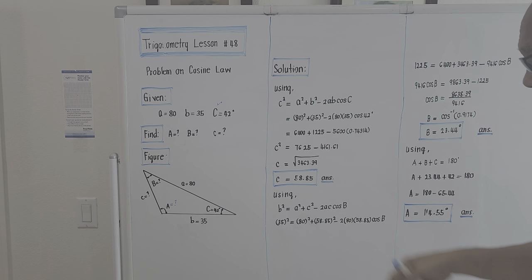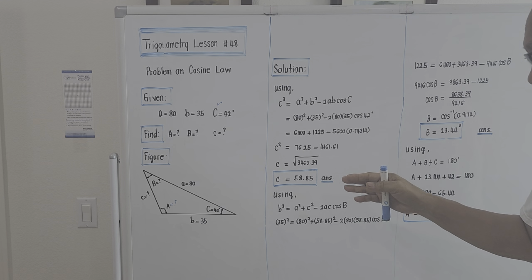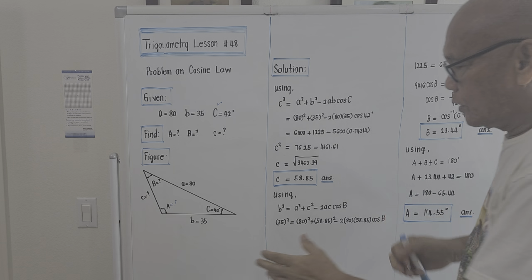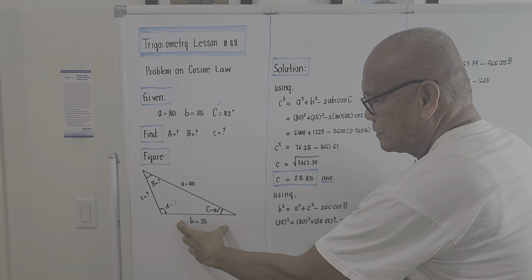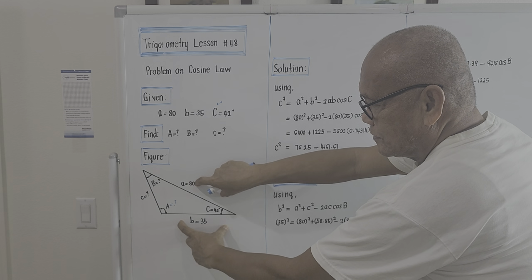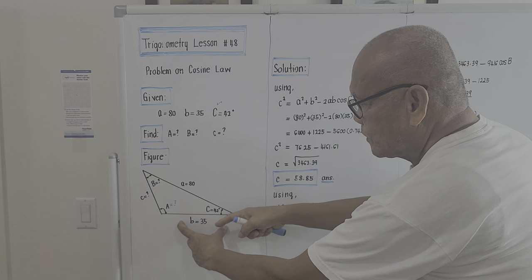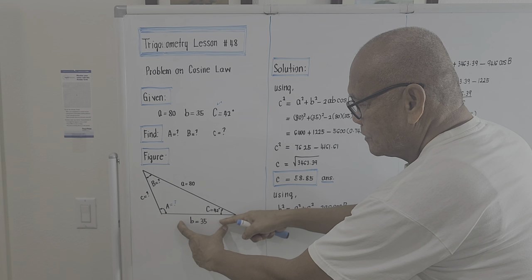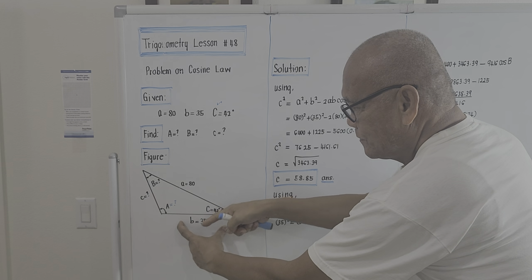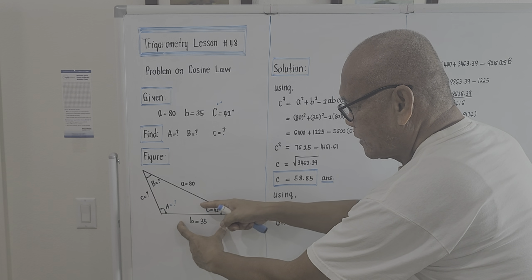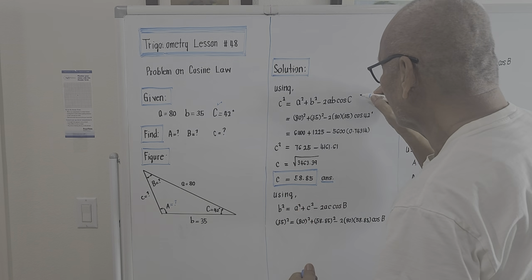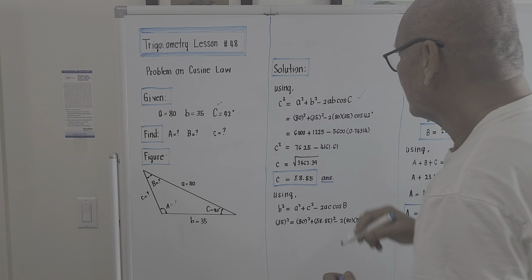To compute one of the unknowns, let's try to figure out what is given. We are given this side here, and we are given this side, and the enclosed angle between this side and this side is angle C. So what is given is A, B, and angle C. I think it's a must that we should be using this equation here, the third one.